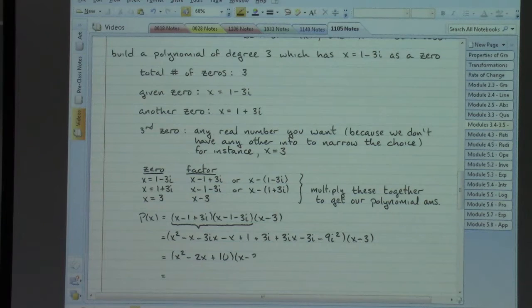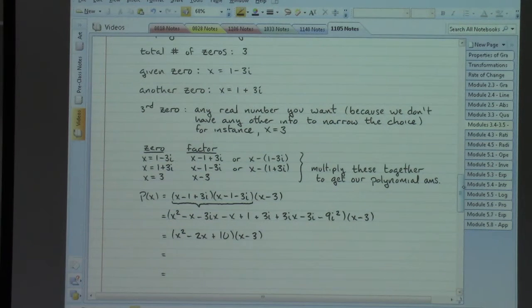And again, we could multiply that out a little bit more if we needed to. So if we multiply that out a little bit more, that would give us x cubed minus 3x squared minus 2x squared plus 6x plus 10x minus 30.